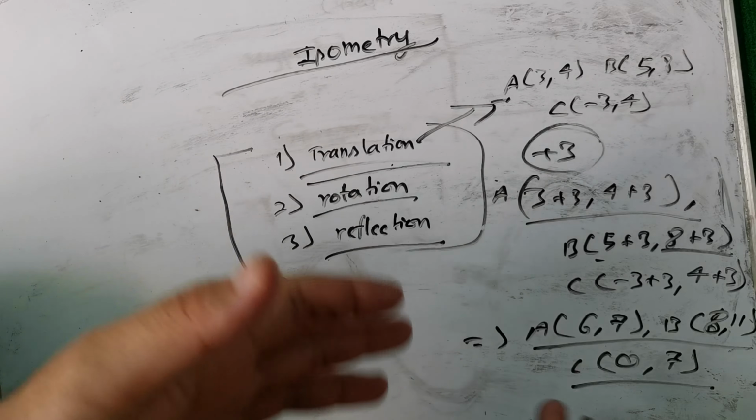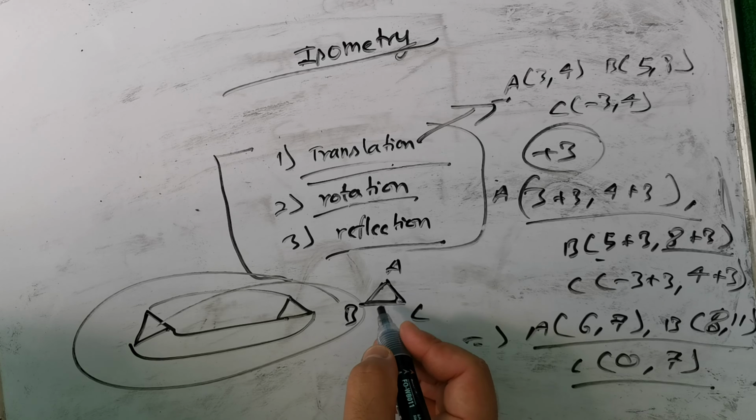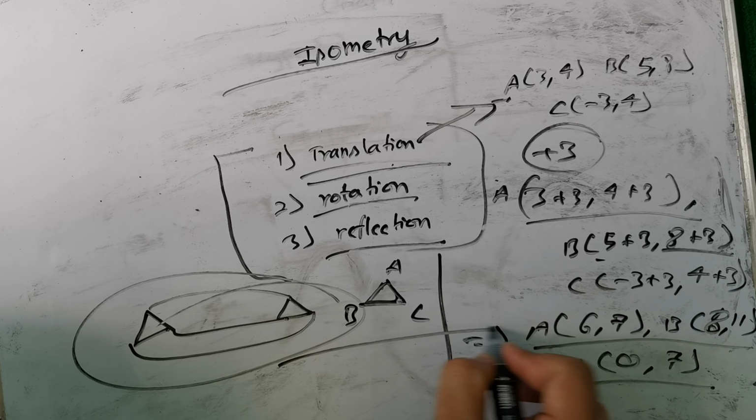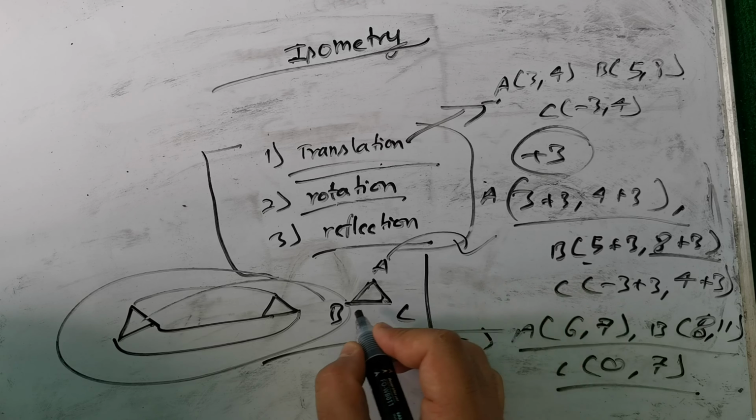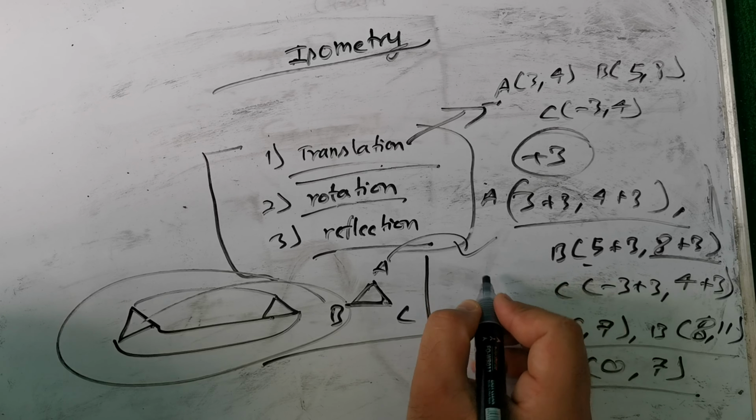Rotation means to rotate A, B, C. If we rotate this by 90 degrees in the clockwise direction, that means it goes here.